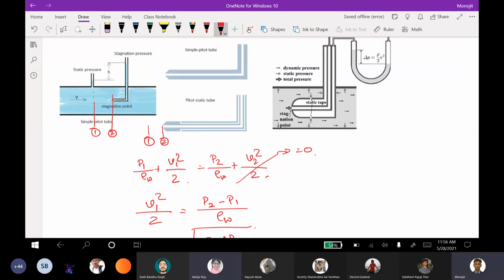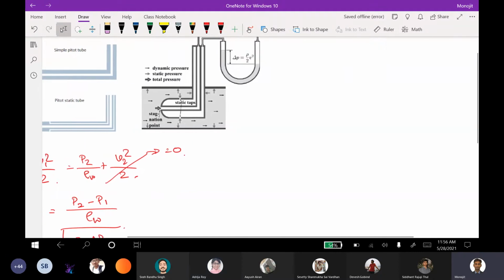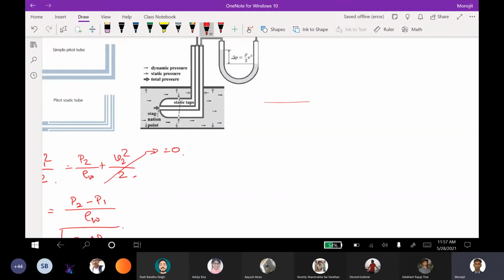We are assuming the setup is horizontal. No, not gravity. It's basically the tapping I'm talking about. Suppose you have a pipe like this, and you have a manometer tapping here, which you are using to measure the static head. Now you place the tapping here. Will you get the same static head? Or will there be a pressure drop from this point to this point?